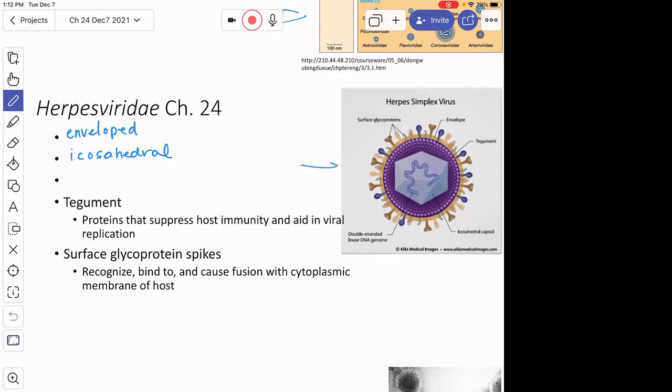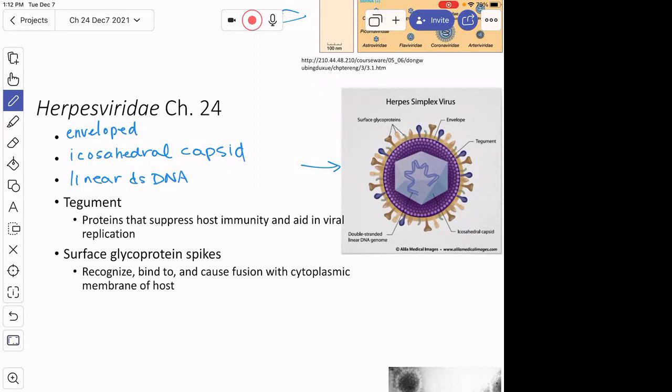You can see that over there in the picture, the icosahedral capsid. It has linear double-stranded DNA as its nucleic acid. Remember, there are viruses that have single-stranded DNA. It's not something we ever find in any other organism.